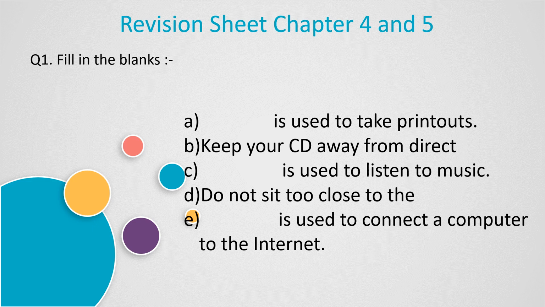Which device is used to take printouts? We use printers to take out printouts. So the answer is printer. Printer is used to take printouts. Spelling of printer is P-R-I-N-T-E-R.